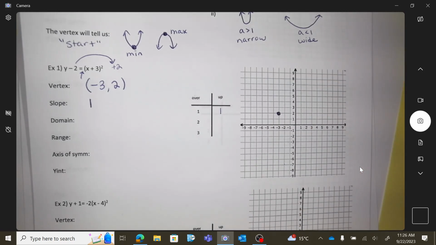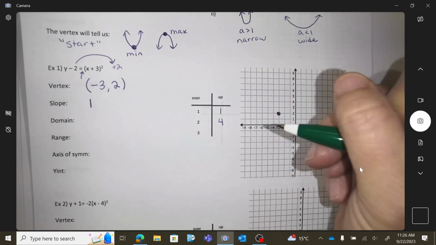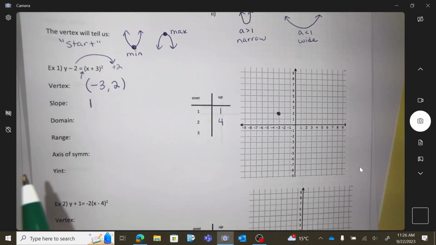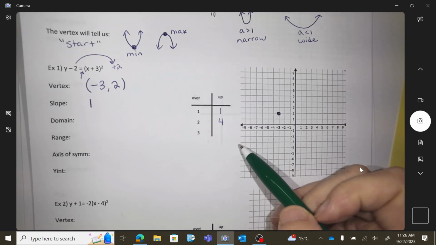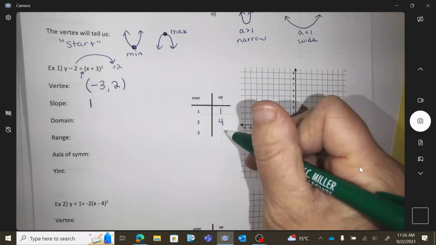If I was to move an x of 2, y would have to change by 4. Because what's the relationship in quadratics? Squared relationship. If I have to move x 3, then y would change by a 9.